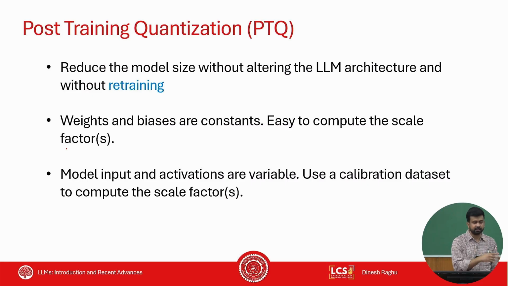Once you do it for a bunch of inputs, called the calibration data set, you will get some sense of the range of values you would see, what the vectors would look like, and what maximum value you would hit. You use all this data and again compute the scale factors. So now for a given network, you would know all the scale factors needed to quantize both the model parameters and the inputs and activations, right?